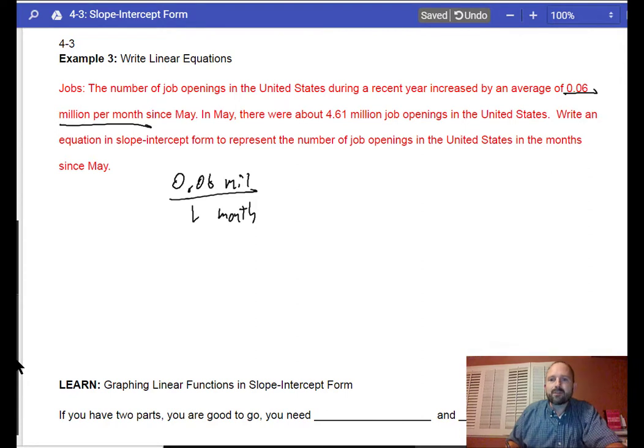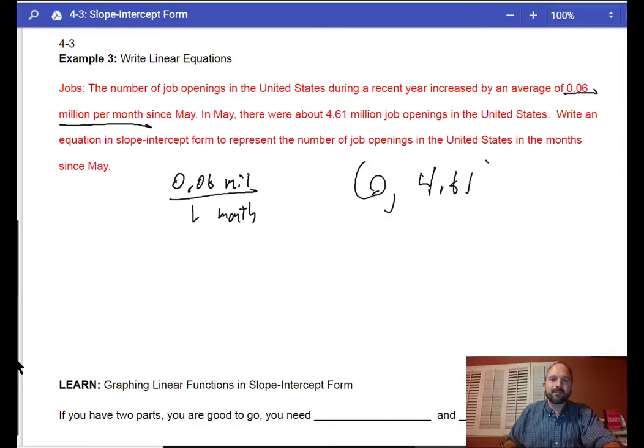In May, there were about 4.61 million job openings. Write an equation in slope-intercept form to represent the number of job openings in the United States in the months since May. Well, how many months from May is May? 0.